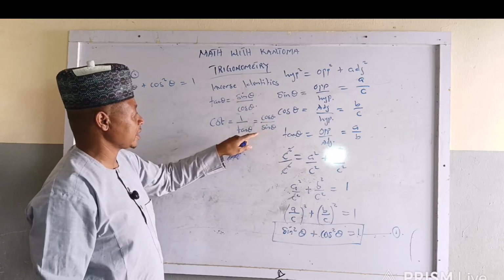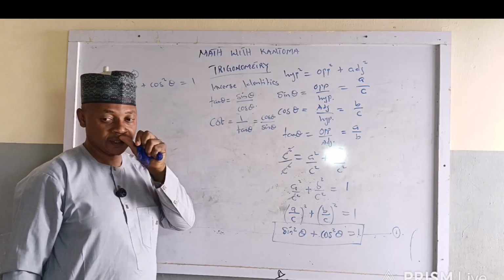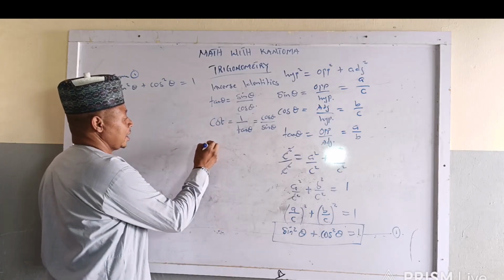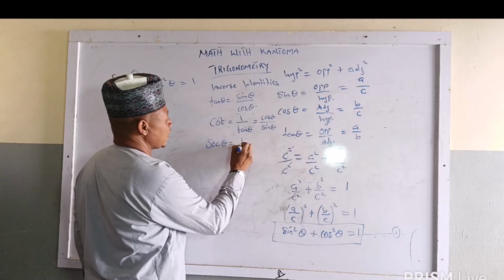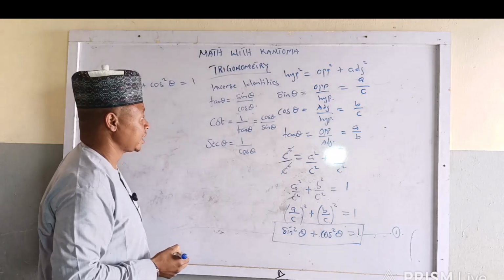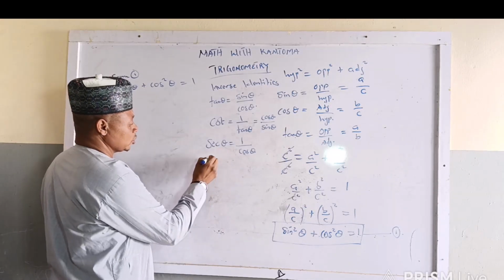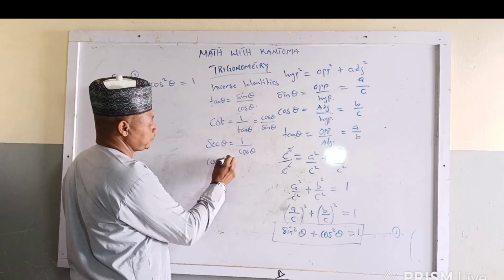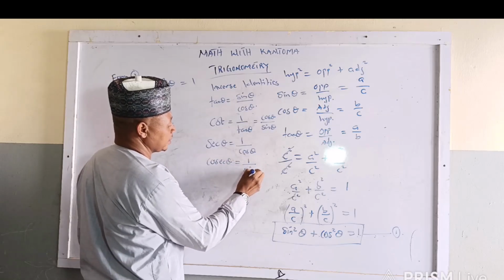This is cos theta over sin theta, the same thing as 1 over tan theta, and is equal to cot theta. Then the next is sec theta, defined as 1 over cos theta. This is also an inverse identity. Then also cosec theta, defined as 1 over sin theta.